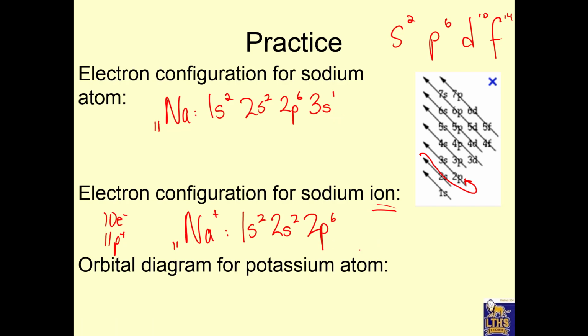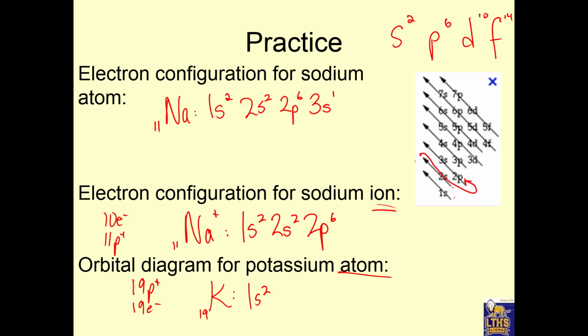Okay. Potassium atoms. So atoms are neutral. So you put the symbol. I put the potassium's atomic number down there so I remember. 19 protons is 19 electrons because it's neutral. So now I have to find a place for all those electrons. Start at the bottom, 1s2.